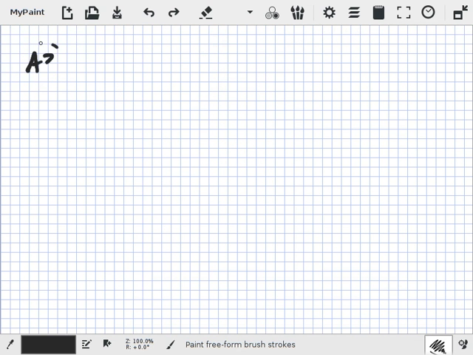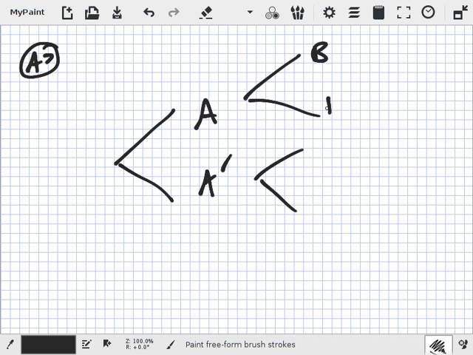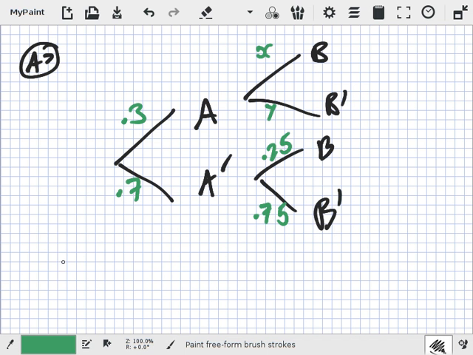Just tell me if you know how to do it. You have this tree, and they tell you 0.3, 0.7, 0.75, x, y, and 0.25. And they also tell you probability of A and B is equal to 0.132.